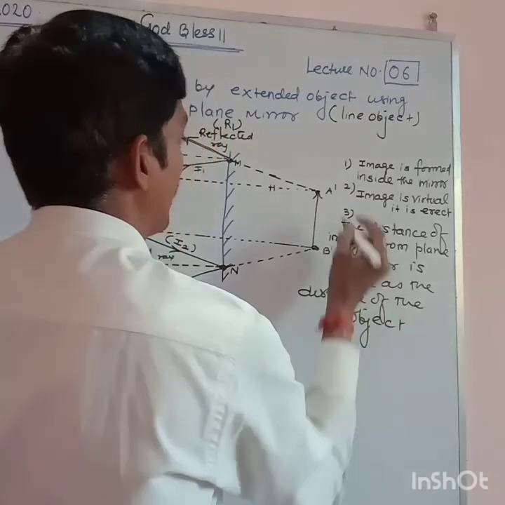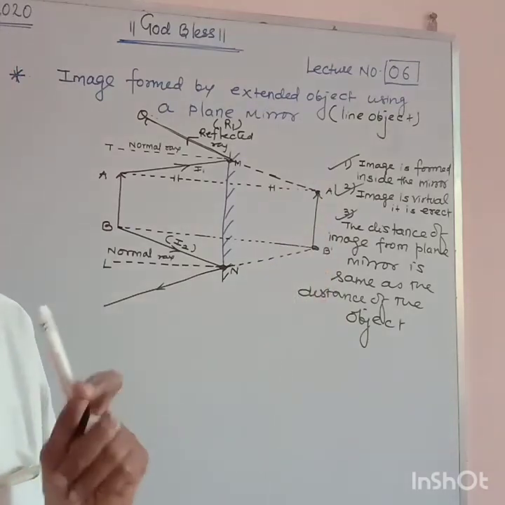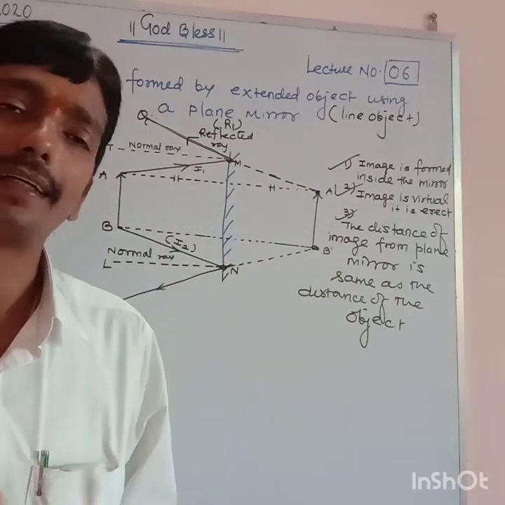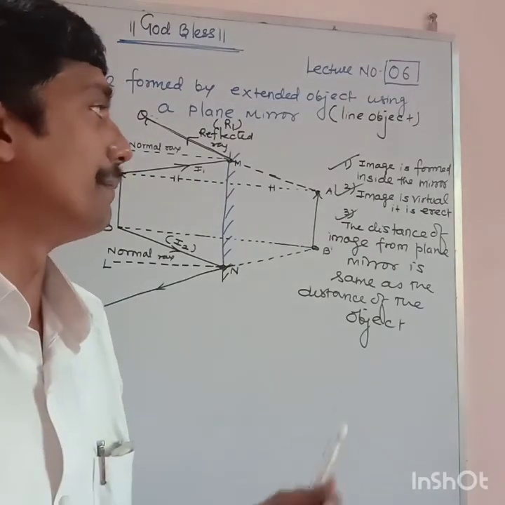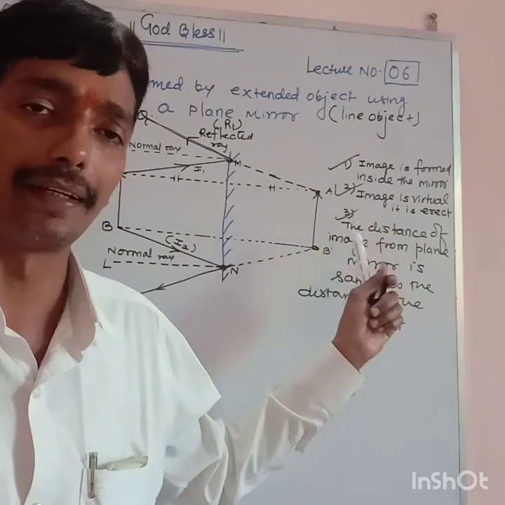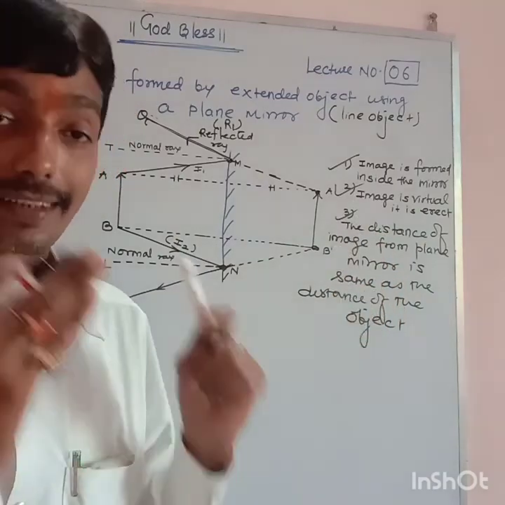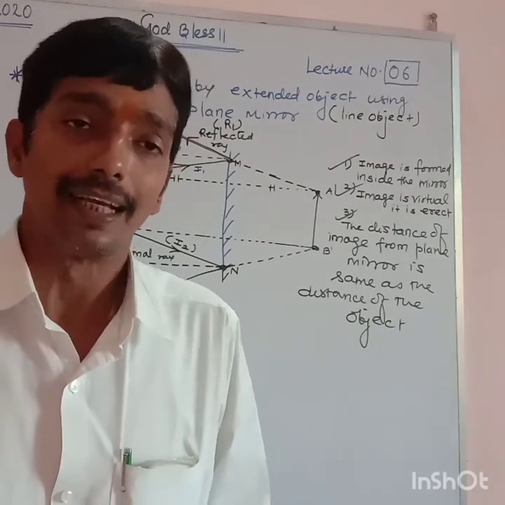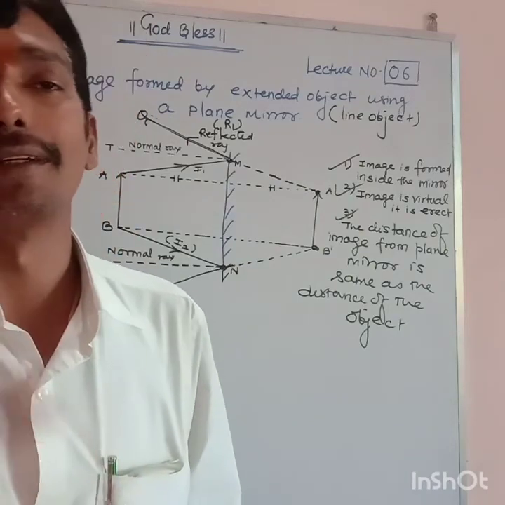So these are the three crucial points you should be aware of when you are working with the plane mirror. This is for all questions of the plane mirror: the image forms inside the mirror, the image is always virtual and erect, and the image distance from the plane mirror is the same as the object distance. This is applicable for two plane mirrors also.